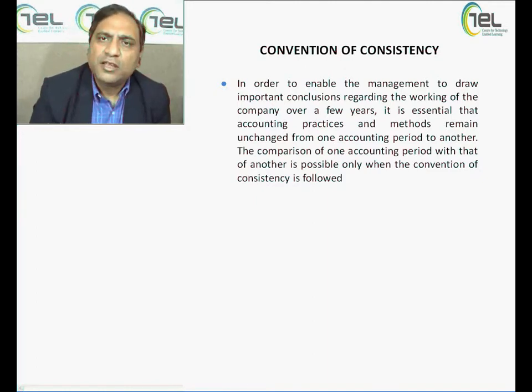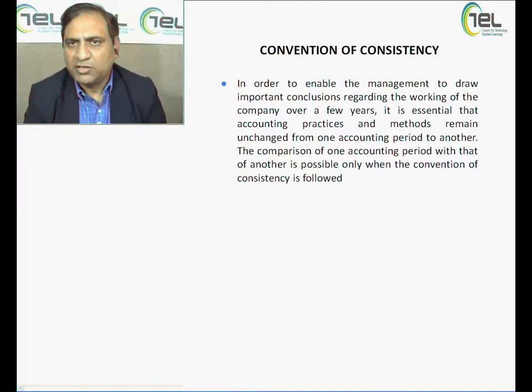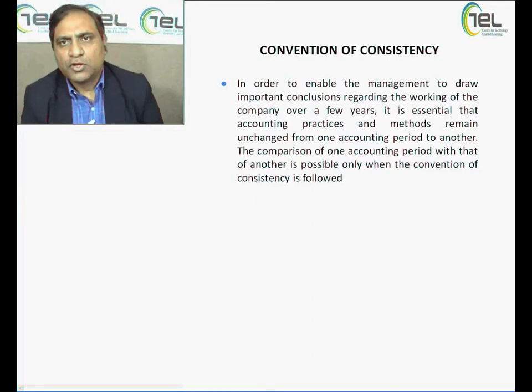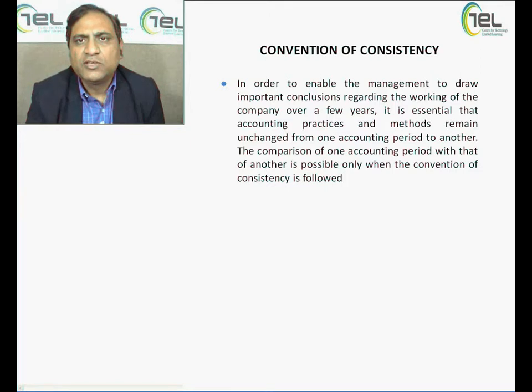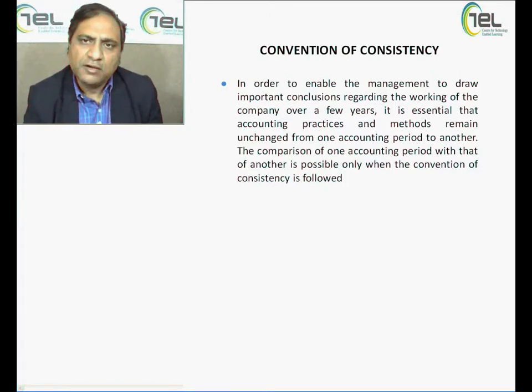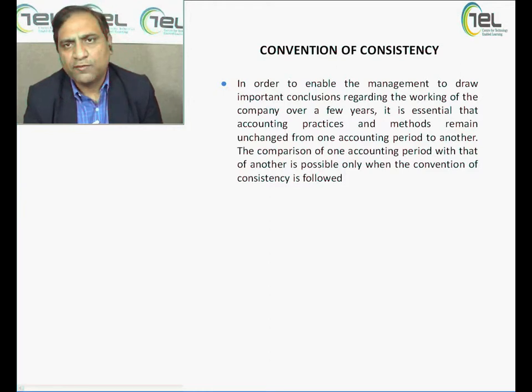In the next year the method is changed, and you say that now it will be the written down method and it is going to be 30% of the balance. So the asset which was 100 crores has been reduced by 20 crores, it is now 80 crores, and of that 30% is charged as depreciation, that is 24 crores. So last year it was 20 crores, now it is 24 crores.